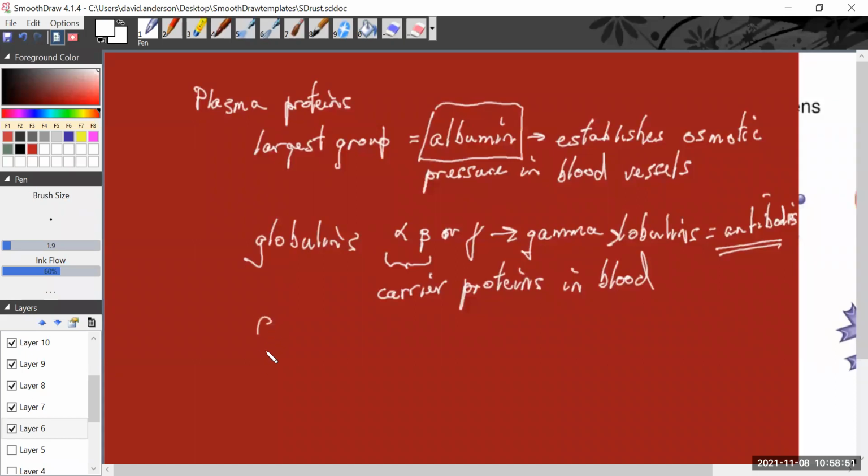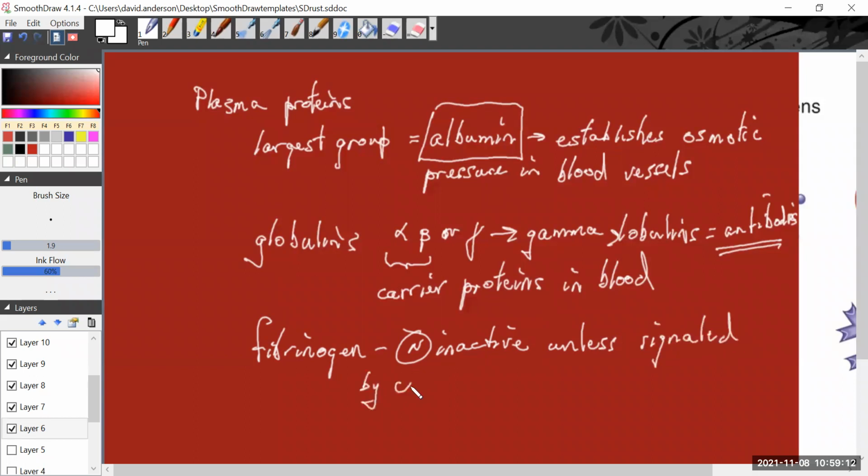Some other examples of plasma proteins include fibrinogen. And fibrinogen is normally inactive unless signaled by chemicals to contribute to blood clotting.